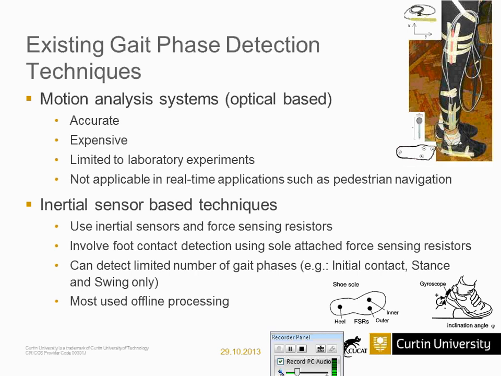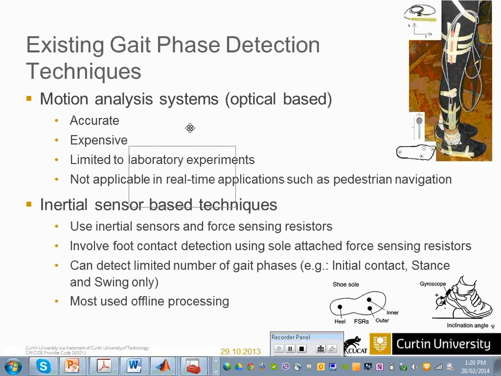In the inertial sensor-based techniques, many people are using inertial sensors in conjunction with others. As you can see there, in that sort of arrangement, many sensors are tied to the leg, or maybe to the foot, shoe, or sole.